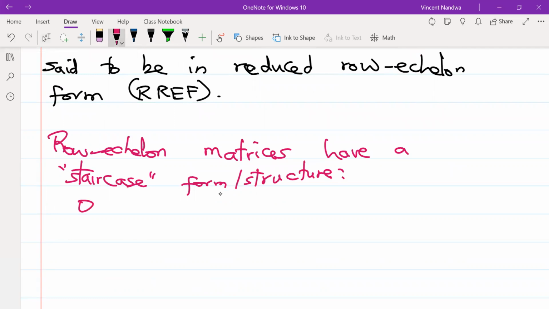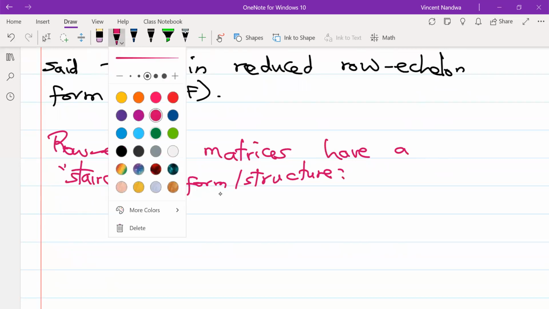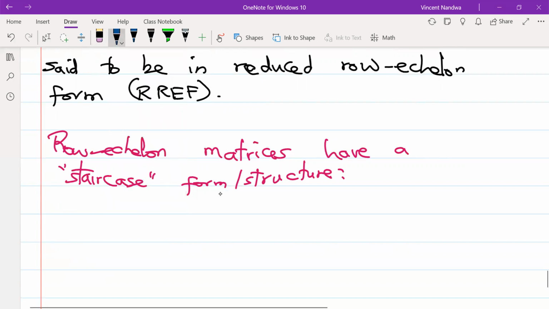So we might have 1, 1, 0, 1, then 0, 0, 1, 0, 0, 0, 1.